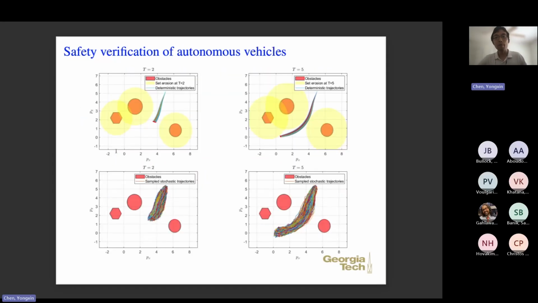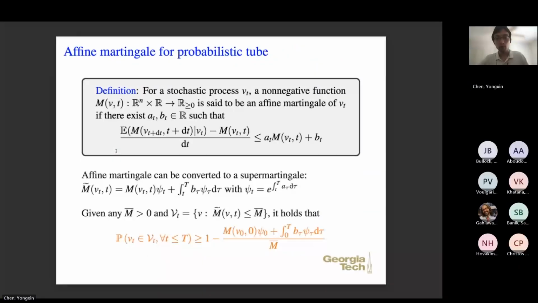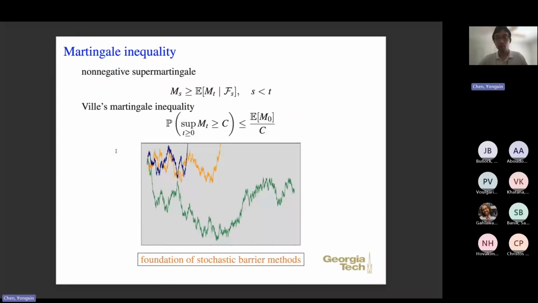I think one big limitation of the stochastic barrier function, and I could be wrong, but we did quite a bit of study, is that most stochastic barrier functions are based on this martingale inequality. The main problem, as far as I know, is how to design this martingale to make sure this is a barrier function for what you want.